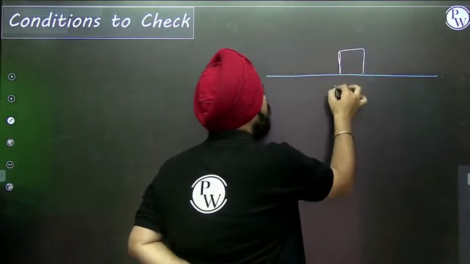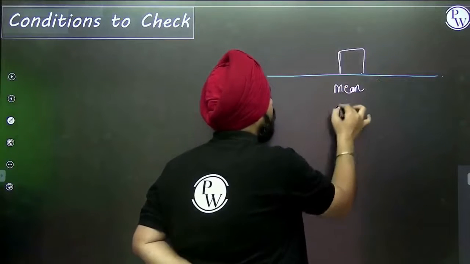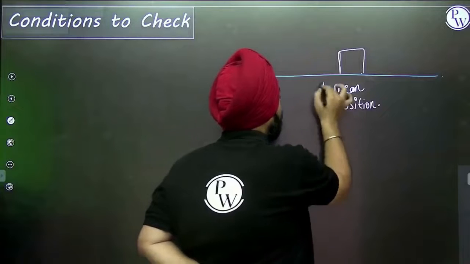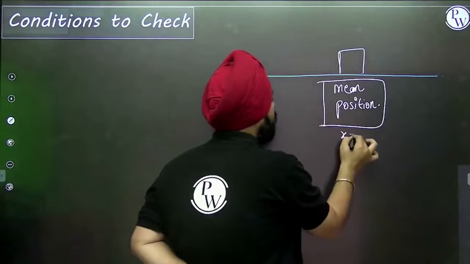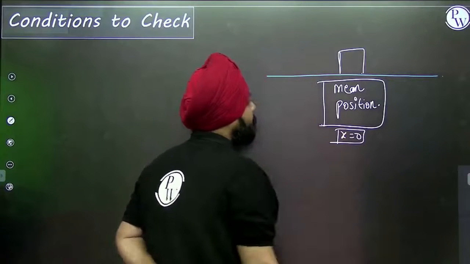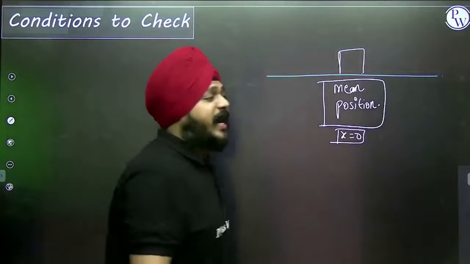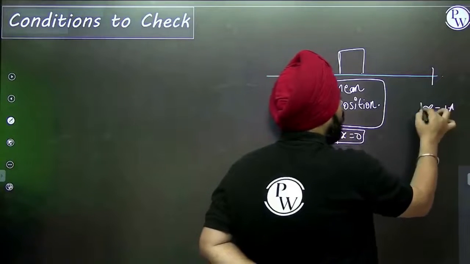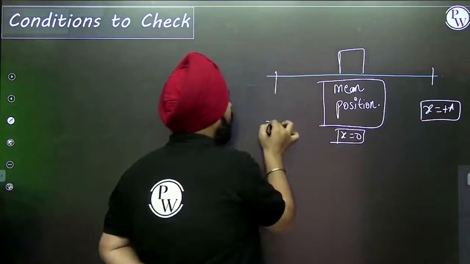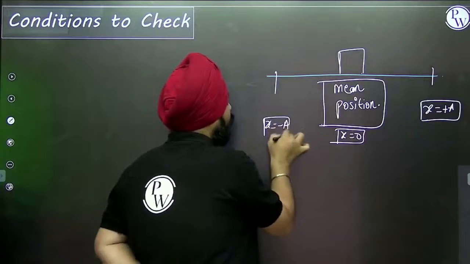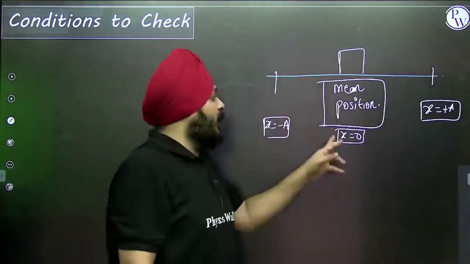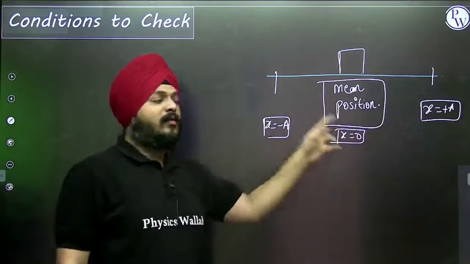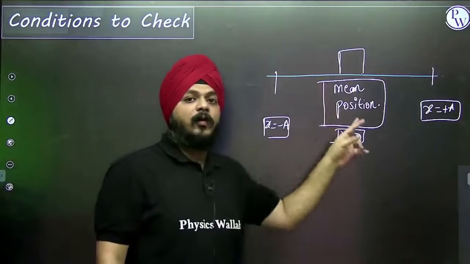Suppose this is the mean position, x is equal to 0. At regular intervals of time, it is reaching x is equal to positive a, then x is equal to negative a. So at regular intervals, the position of the particle is getting changed: 0 to a to 0, 0 to minus a to 0.